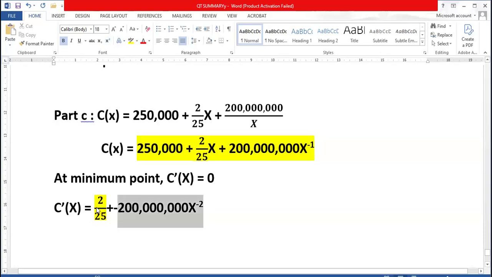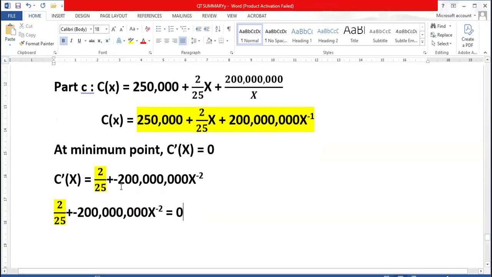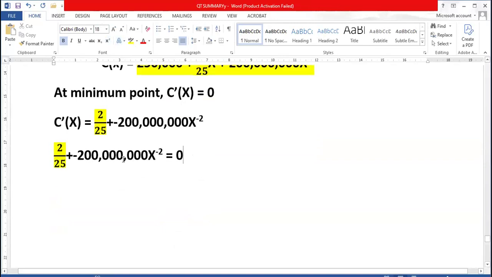So you equate this to 0. When you equate this to 0, what does this mean? I take this one, this side.